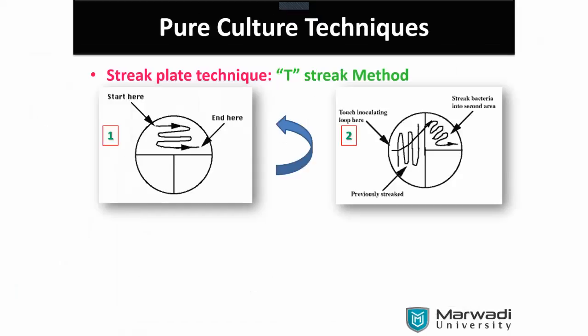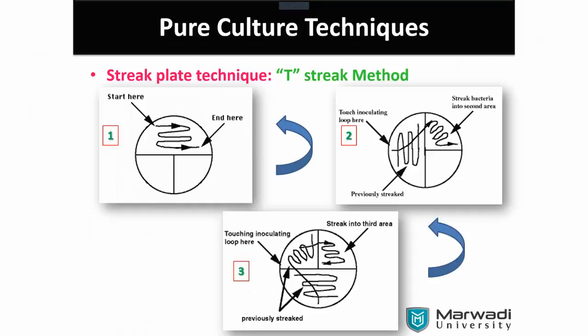Then another is the T streak. What is being done?